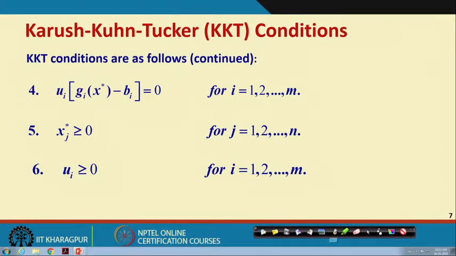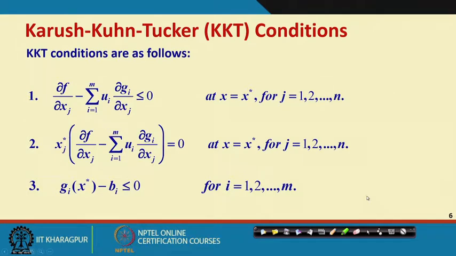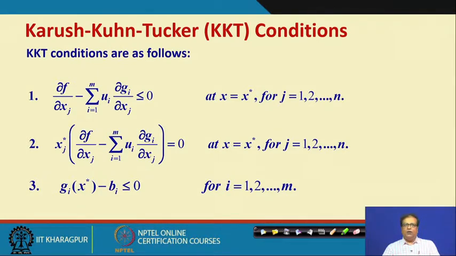Just look at them once again. The first condition is the partial differentiation with respect to each variable. We had n unknown variables, and each variable should be taken one at a time. The first part is the objective function part, the second part is the individual constraints multiplied by the multiplier, and then taking the negative of the partial differentiation.